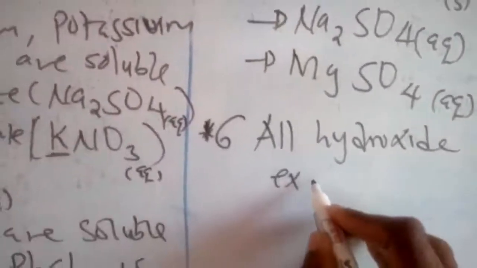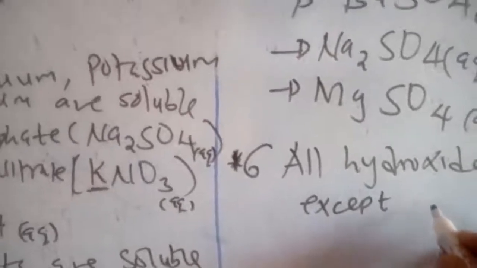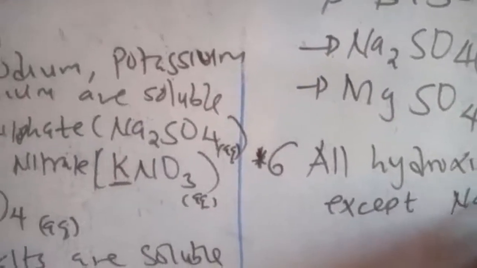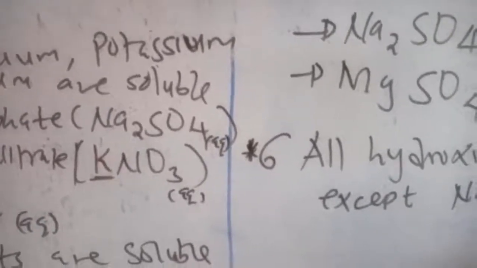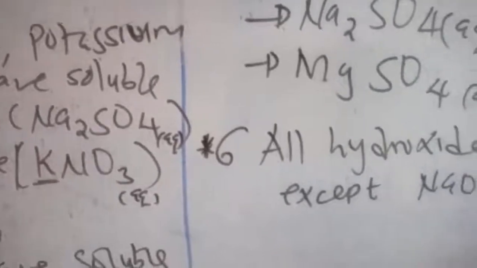We can say that all hydroxides are insoluble, except sodium hydroxide, potassium hydroxide, and ammonium hydroxide. Those three types of bases, that is hydroxides, are soluble.